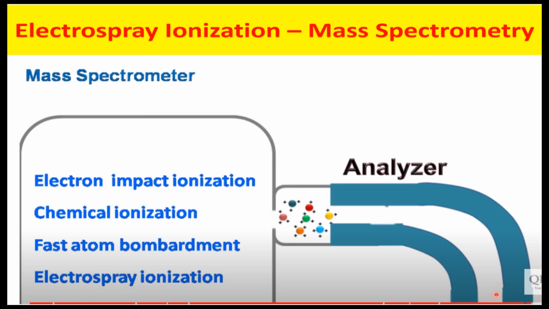I mean to say, the smaller the ions, the lesser the time of flight onto the detector. Likewise, smaller ions go first on the detector, followed by the larger ions. On the basis of that, the ions are separated, peaks are generated and analyzed.